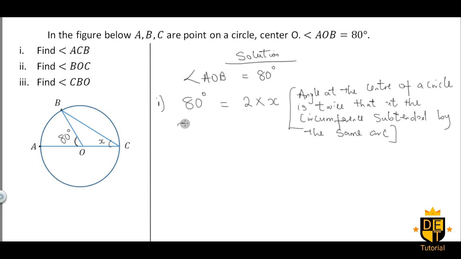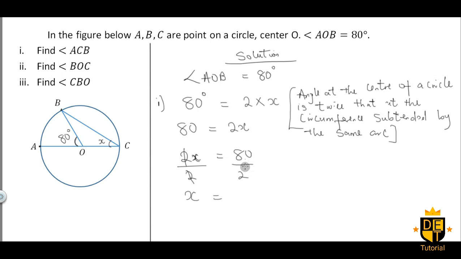So your angle at the center, which is 80 degrees, is 2 times the angle at the circumference, X. So 80 will be equal to 2 times X, which gives 2X. In other words, 2X is equal to 80. To look for the value of X, I divide both sides of the equation by the coefficient of X, which is 2. So this 2 will cancel out this 2, and that makes X stand alone.